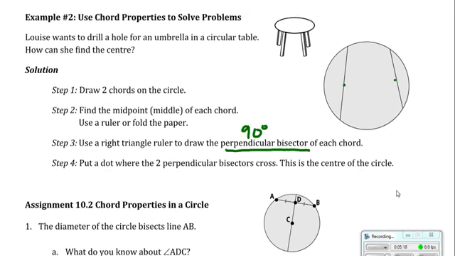So hopefully you're doing this on your paper, and me doing it on here is not going to be quite the same, but I'll try my best. And so that's about the middle, 90-degree angle bisector, and then here. Okay, and so the point where they cross will be the center of the circle.